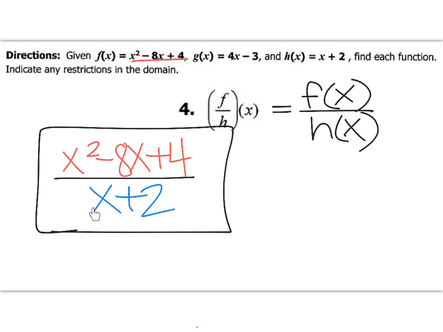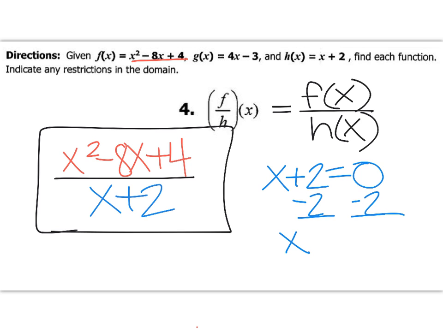So how you do this is you set the denominator equal to 0. What value of x would make the denominator 0? Subtract 2, and we get that if x is negative 2, then our denominator is 0, and we can't do this.